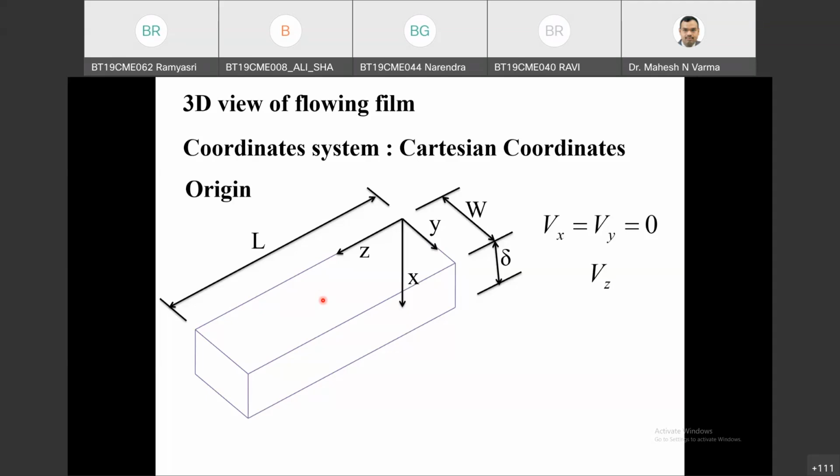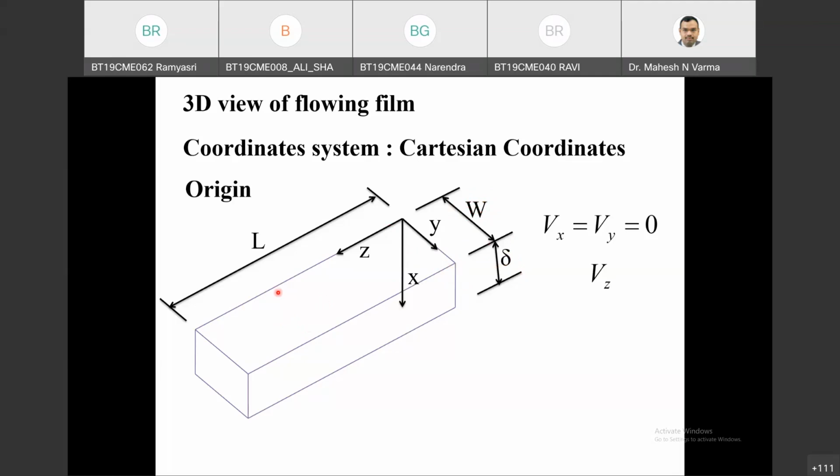Yeah, very good. Because W is very large. This effect of the open air may penetrate through a smaller layer. Here also this may penetrate, but W is very large as compared to delta, so this end effect can be neglected. Most of the molecules are surrounded by liquid on both sides in the y direction.